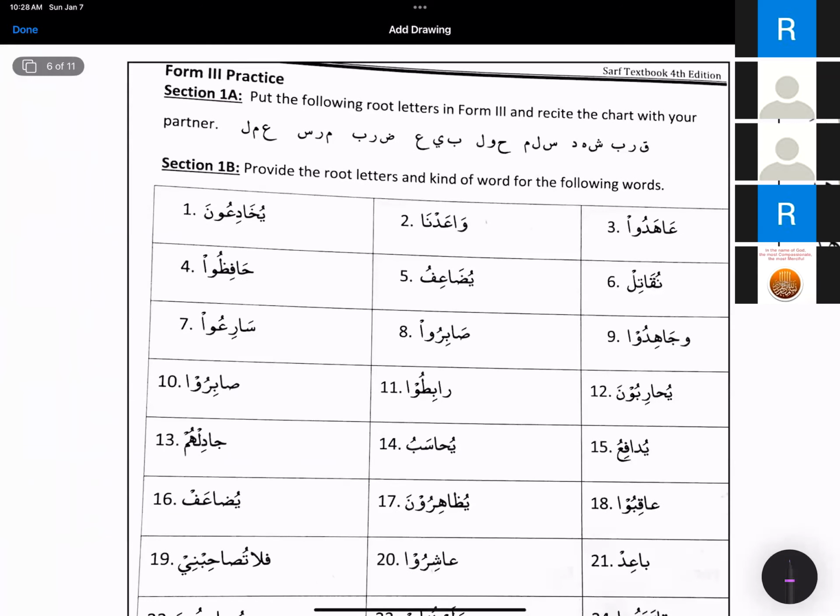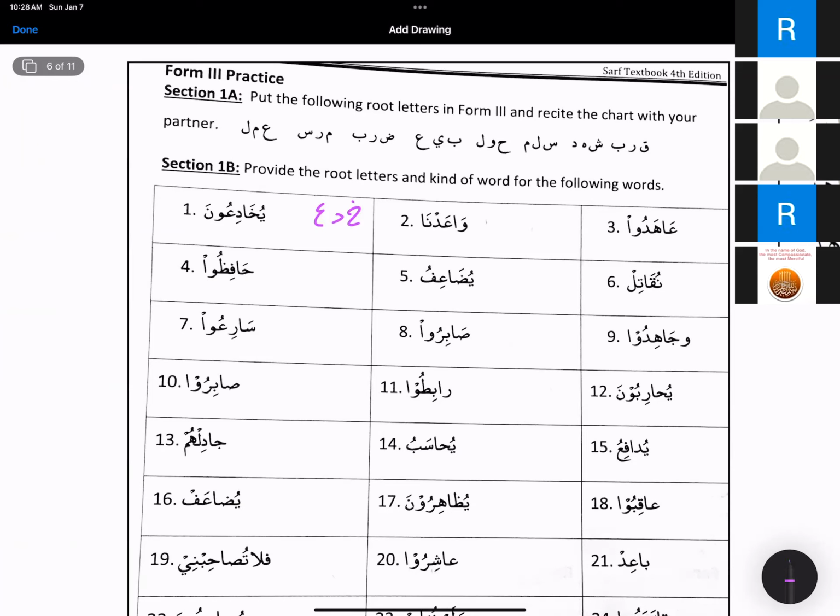Now, number 1, yukhadi'una. Same practice, we are going to figure it out. Siga, bab, and jazar. Let's start with the jazar. What is the jazar? Kha, dal, ain.